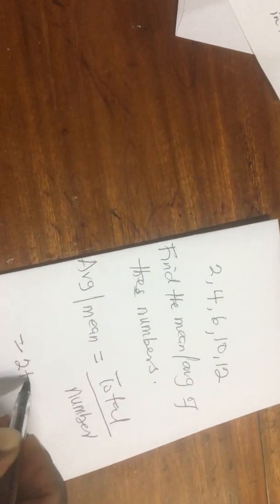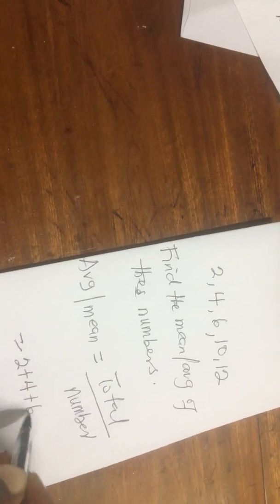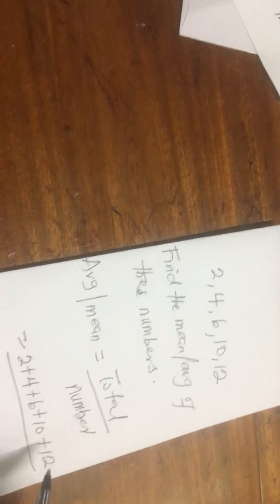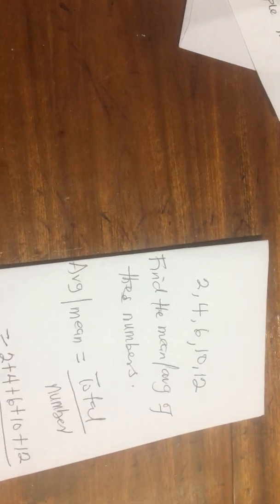And so when we look at this, the total means you add everything here. You add all of them. So 2 plus 4 plus 6 plus 10 plus 12. How many are they? They are 5. 1, 2, 3, 4, 5. So divided by 5.